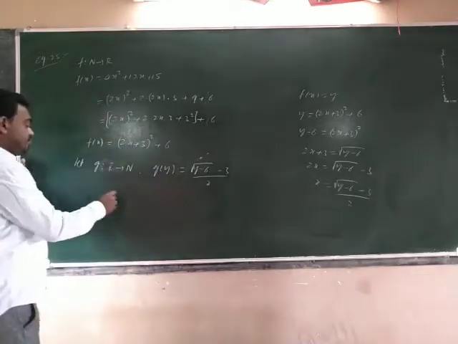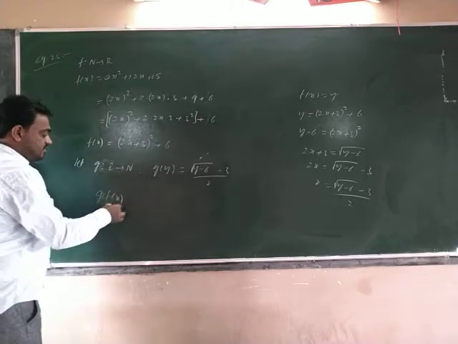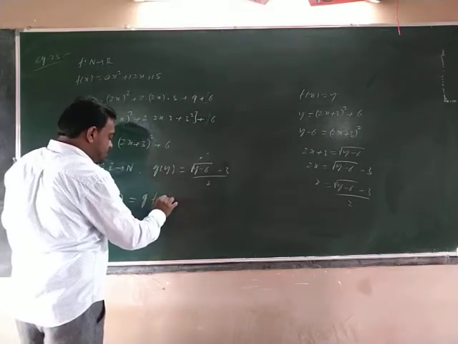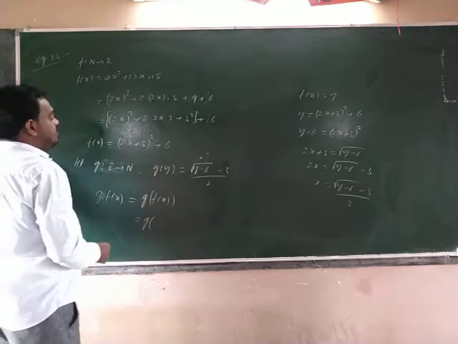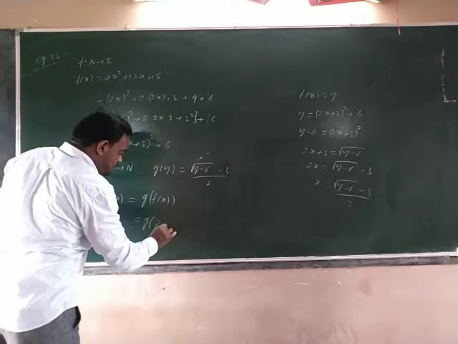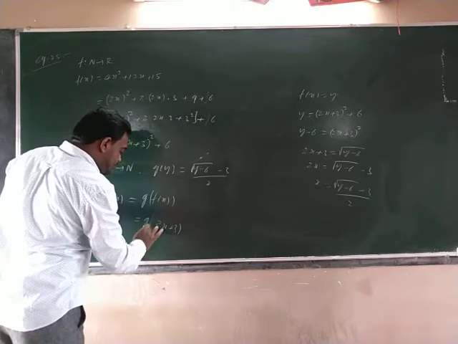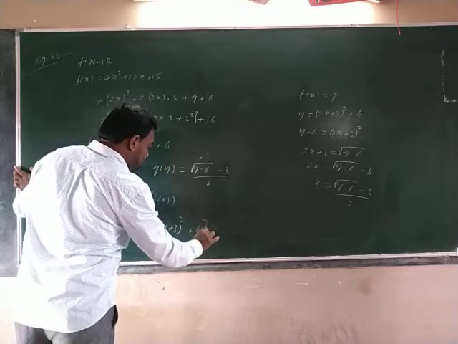Now what are we finding? G circle f of x, that is equal to g of f of x, right? So g of f of x, what is the f of x? 2x plus 3 whole square plus 6.